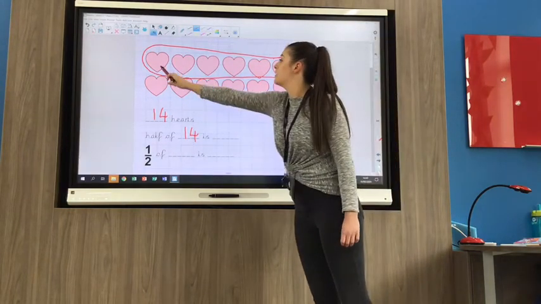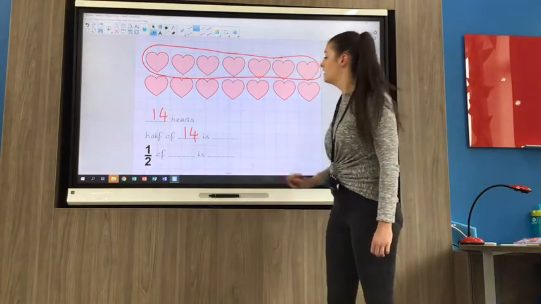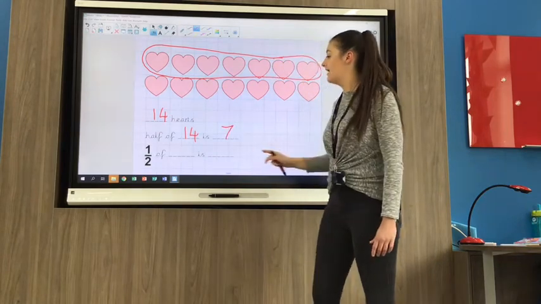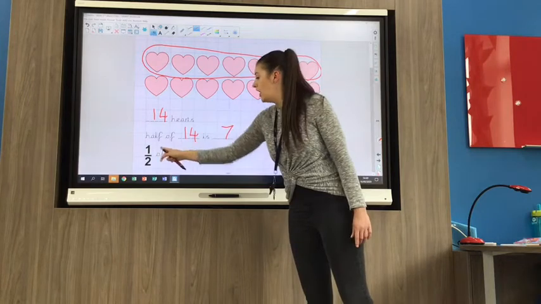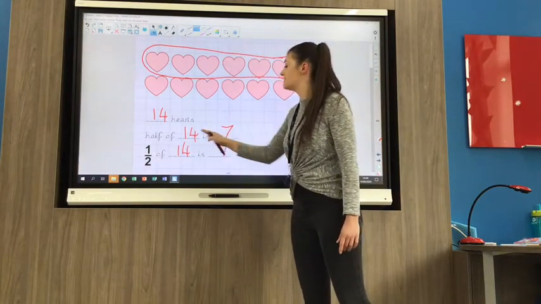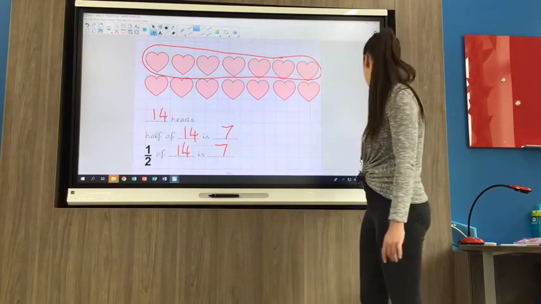So let's count: 1, 2, 3, 4, 5, 6, 7. So half of 14 must be 7. And again, I've written the sentence here, but we've written it with the fraction. Half of 14 is 7, because it means the same thing, half and half there, written as the fraction.